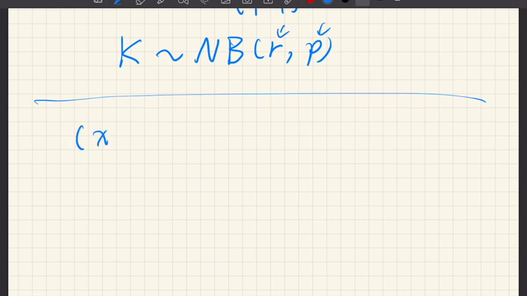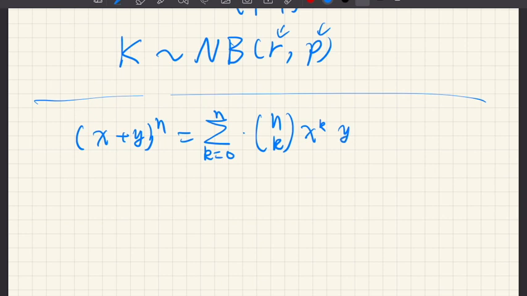If you have x plus y all to the power of n, and you expand this, you have this kind of sequence, sum from 0 to n, of n choose k, x to the power of k, y to the power of n minus k, right? So these coefficients can be calculated from Pascal's triangle.